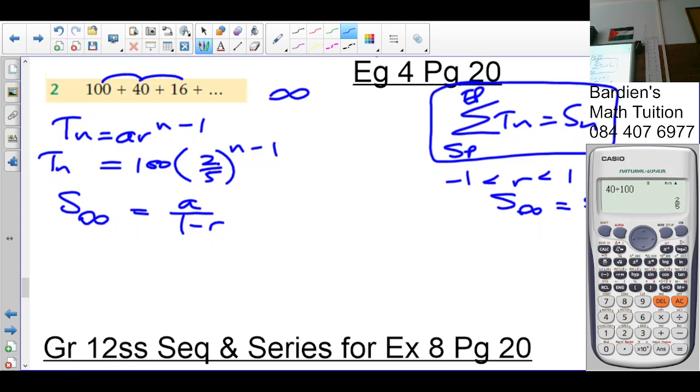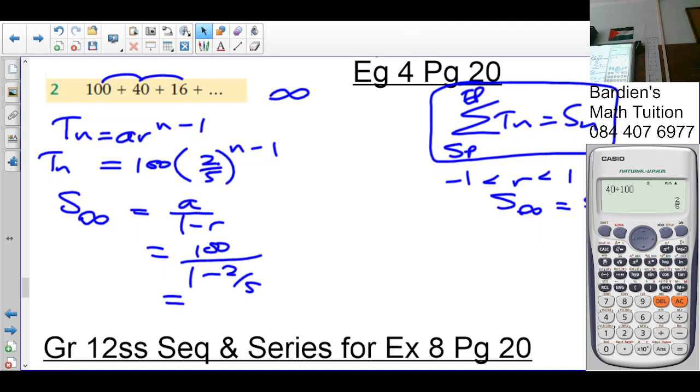Okay, so my a value, of course, is 100 over 1 minus r, which is 2 over 5. Okay, so that we can work out. So that is simply going to be 500 over 3. Let's check. There's 1 minus 2 over 5, sorry. There's 500 over 3. Make that correct, okay? 500 over 3.